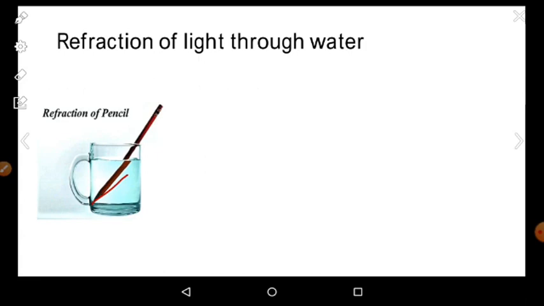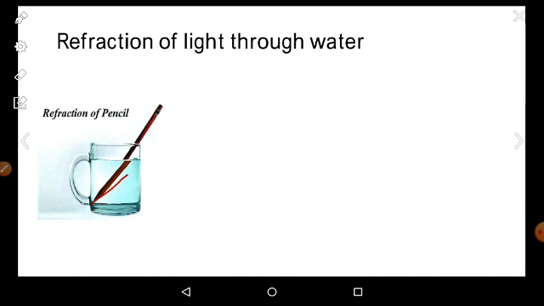It is due to the refraction of light. This refraction is from air to water, which bends towards the normal. When you see from the top, the bending of the image is closer to the surface or the normal. When you see from the bottom, we can see the bending is away from the normal.